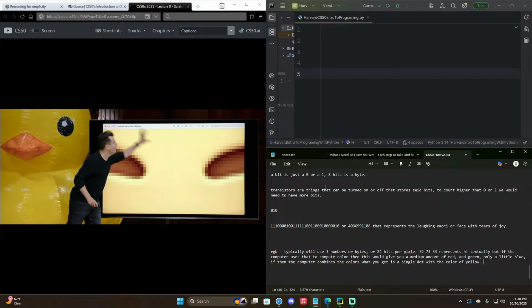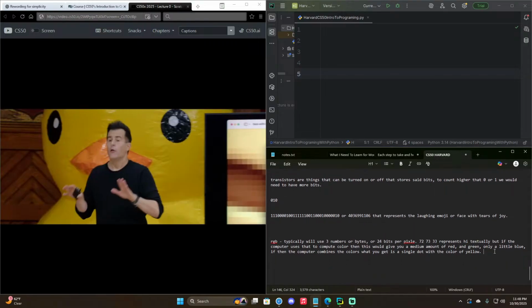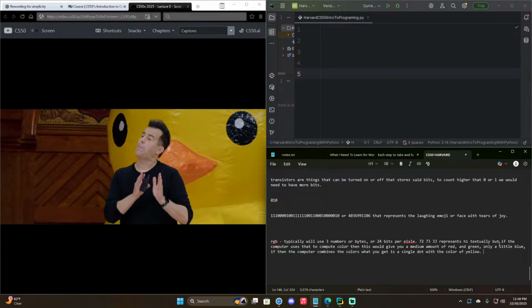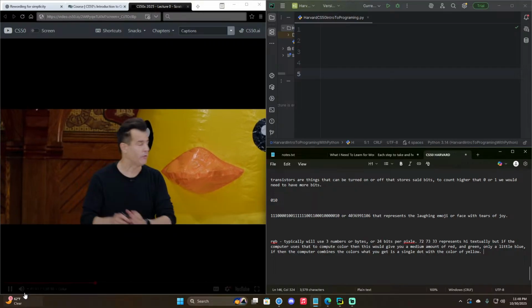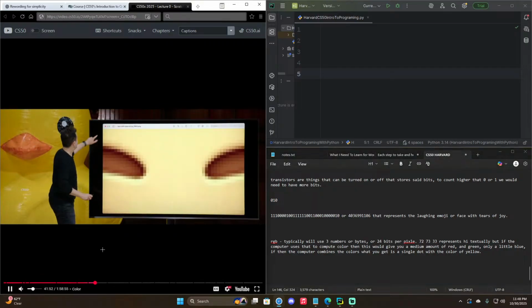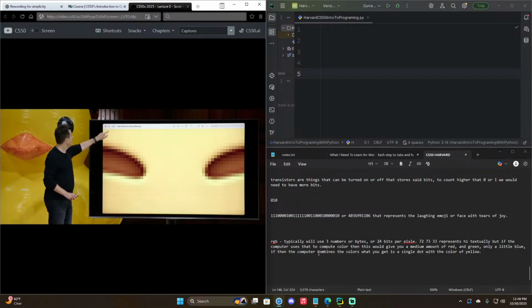And given that so many of these pixels are yellow, that is to say that that pattern of 3 bytes, 72, 73, 33, is used to represent this pixel. Another 3 identical bytes are used to represent this pixel, this one, and so forth.